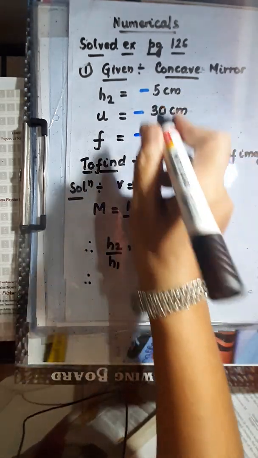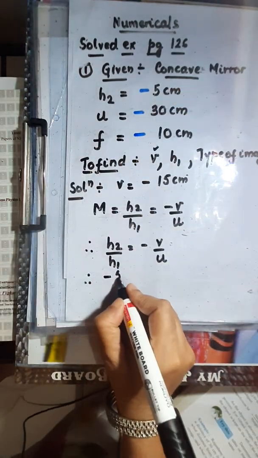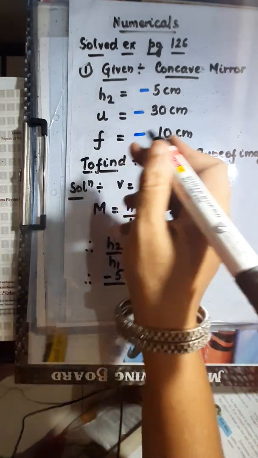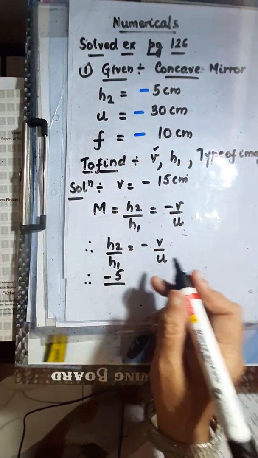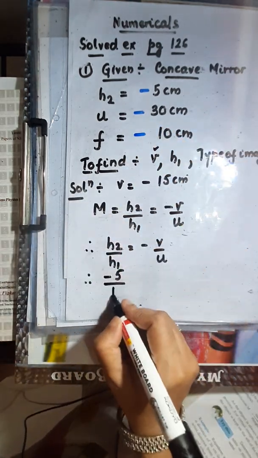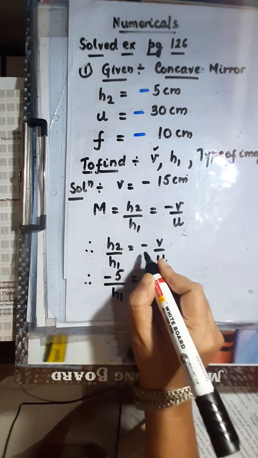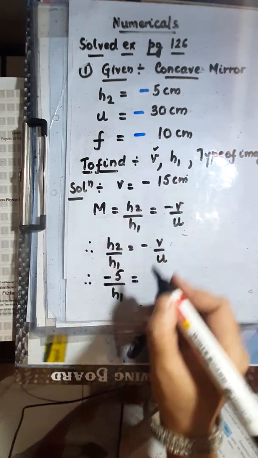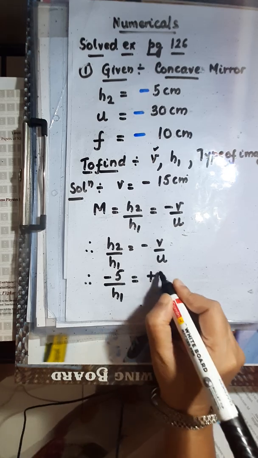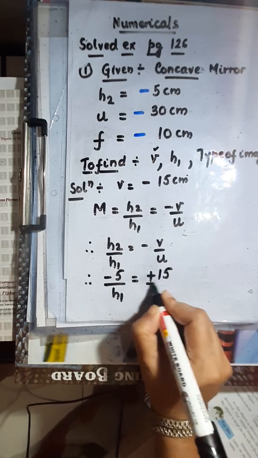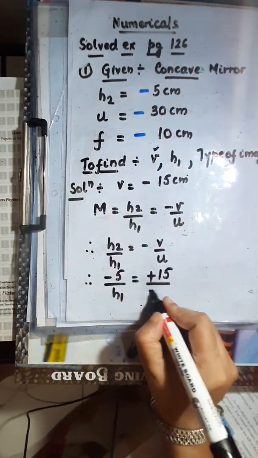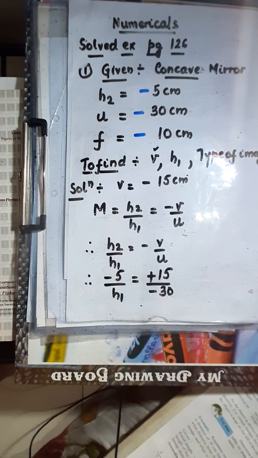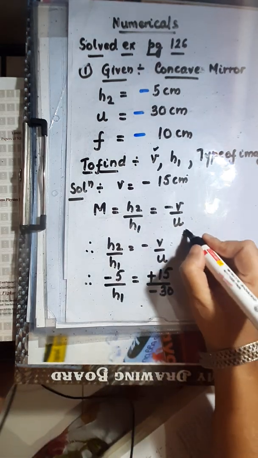Therefore, how much is my H2? Take it with the sign, minus 5. Upon how much is my H1? H1 I have to find out. Now there is this negative sign and my V is already negative. So that becomes positive 15 upon U, and U is equal to minus 30. Correct?